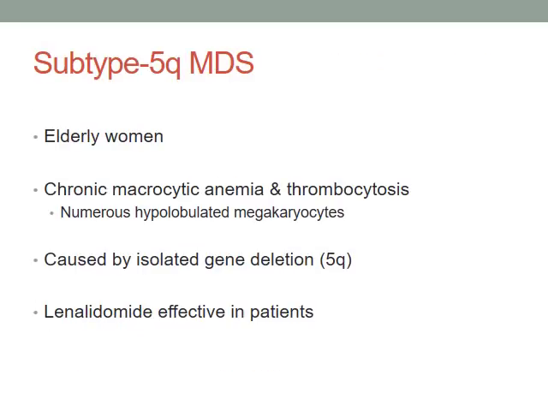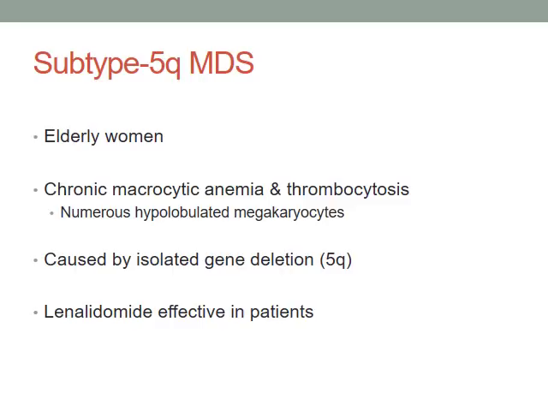There is one subtype of myelodysplastic syndrome called the 5q MDS that does have a good prognosis. The 5q MDS is typically seen in elderly women who have chronic macrocytic anemia and numerous large megakaryocytes. This subtype is caused by an isolated gene deletion, the 5q gene, hence the name, and these patients respond very well to lenalidomide.